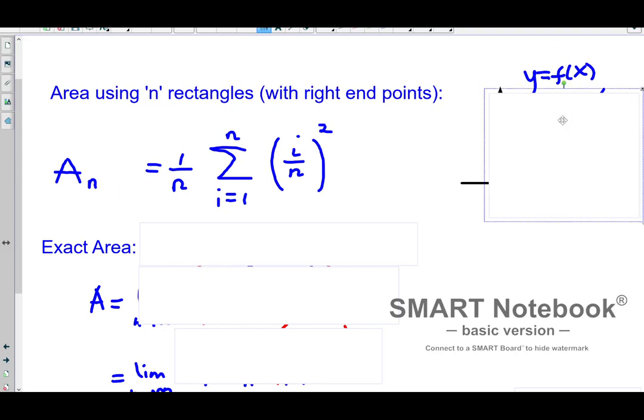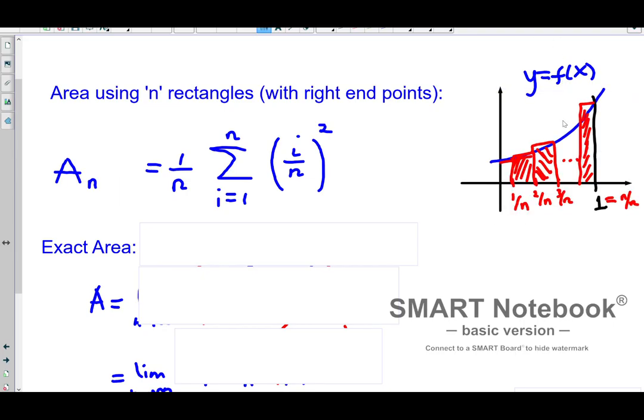To simplify this using everything we've learned so far in this lesson, again, I have a bunch of rectangles here, basically n to be exact. The base of each rectangle is 1 over n units. And the height comes from plugging the right endpoint into the function. If you compare this with the last page, when we had n equals 10, you're going to see we had 10 here, 10 here, 10 there.